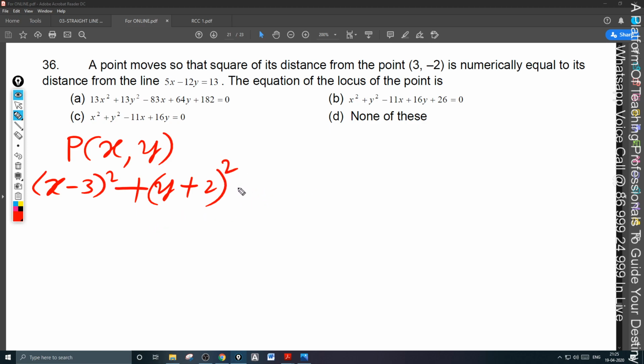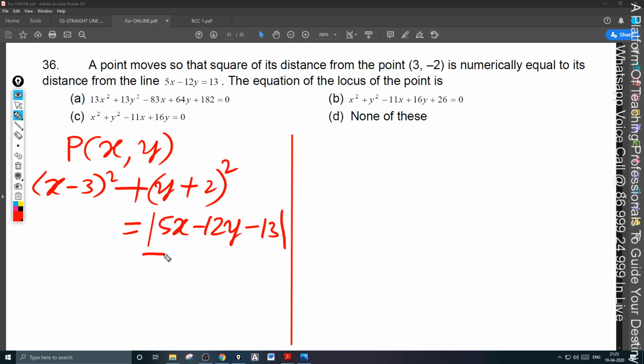It is given to be equal to its perpendicular distance from this line. Perpendicular distance formula: modulus of 5x minus 12y minus 30, divided by 13, root of a square plus b square.